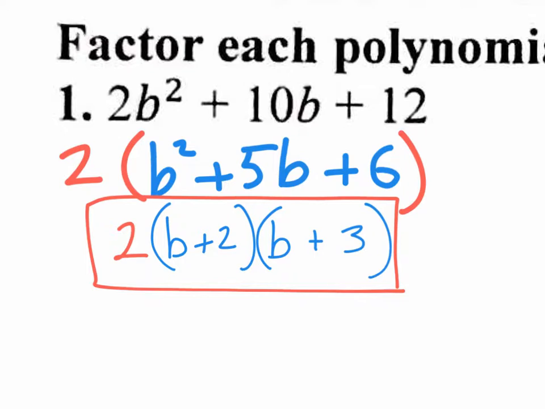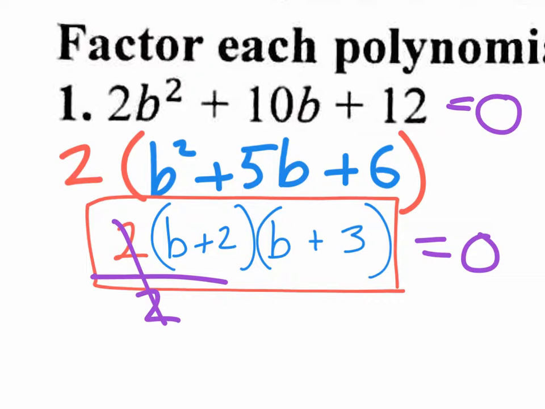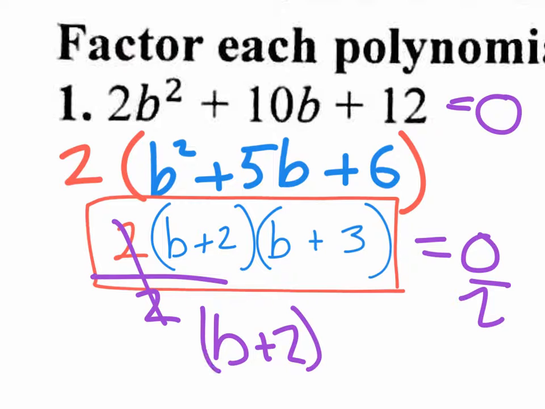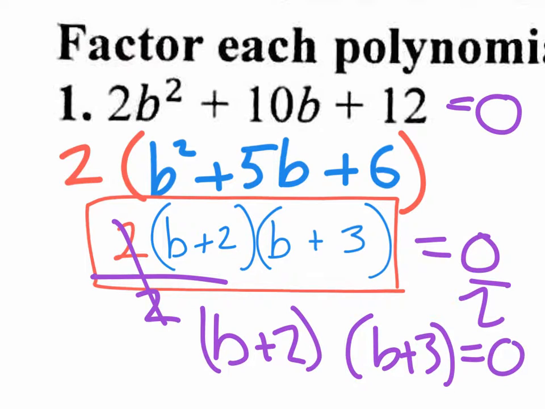Now, I do want to mention, if this would have been an equation, let's say we had an equals 0 over here. Then you'd have an equals 0 right here. And then I would divide by 2 to cancel it, and divide by 2. And then I'd have b plus 2 times b plus 3 equals 0, if we had the equal 0, but we know we don't have an equal 0, if it were an equation.